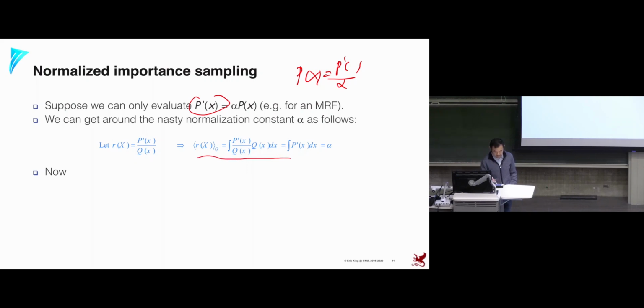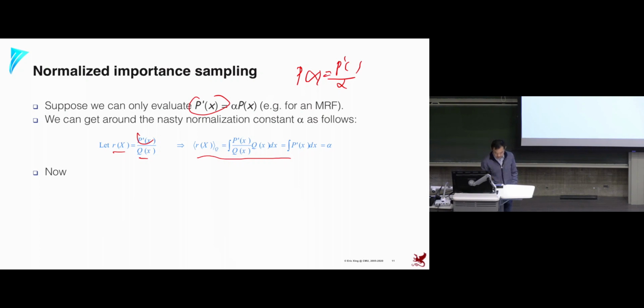You can see that once you define the ratio to be the ratio of the unnormalized part versus the probability under Q. Remember, this R is different from the previous W, for a reason. W is the true ratio of probabilities, and here R is the unnormalized probability divided by the true probability under the proposal.